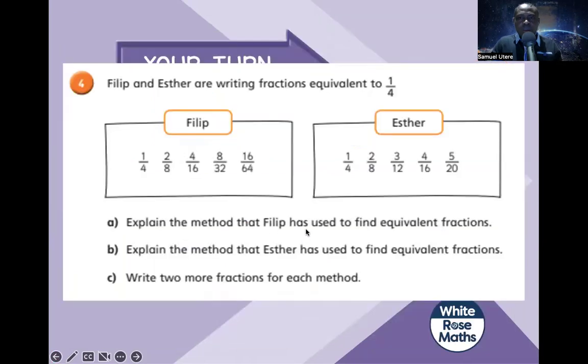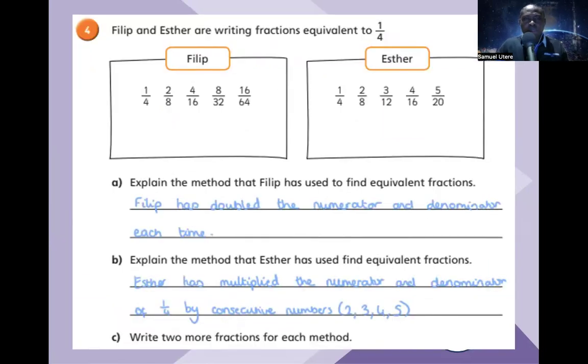Pause the video and answer question 4 in 2 minutes. All right, assuming you've paused the video and worked through question 4, here are the answers. Let's discuss them. Here, Philip and Esther are writing fractions equivalent to a quarter, 1/4.